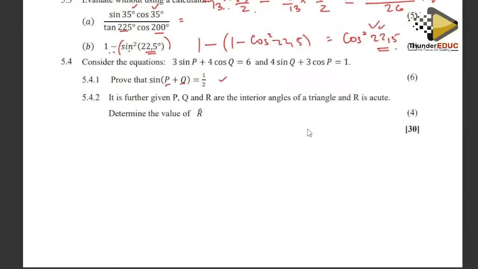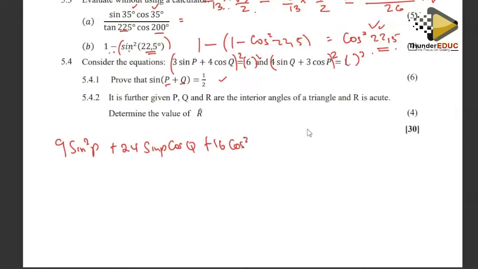I'm going to start by squaring here, and also squaring this side, because that's the only way to sort this out. So I'm going to get 9 sine squared p plus 24 sine p cos q plus 16 cos squared q is equal to 36.